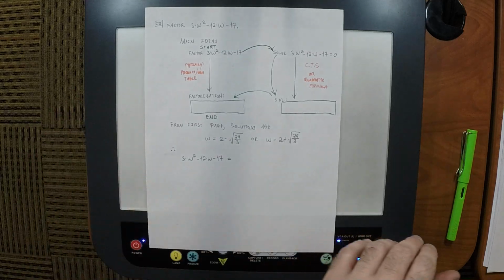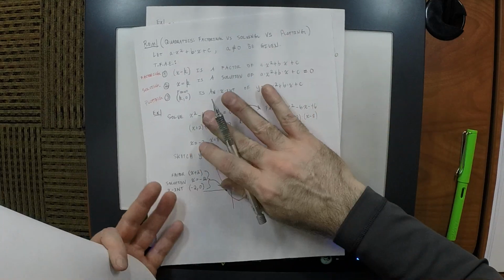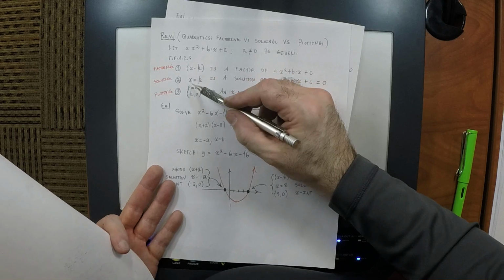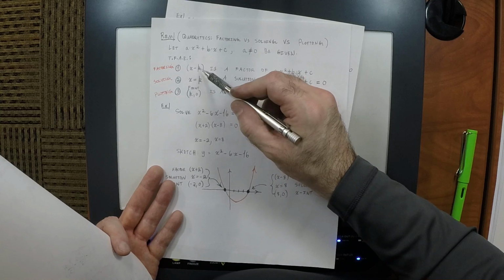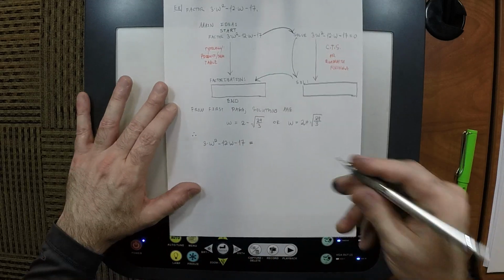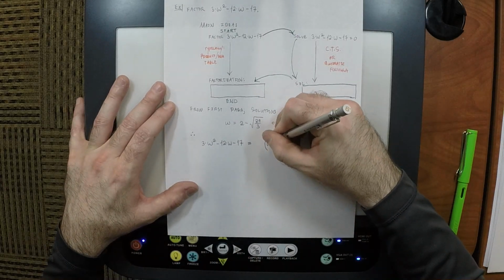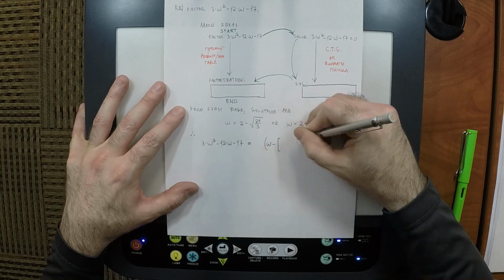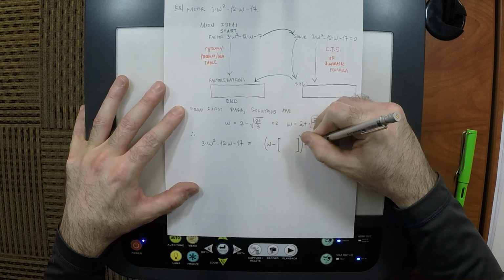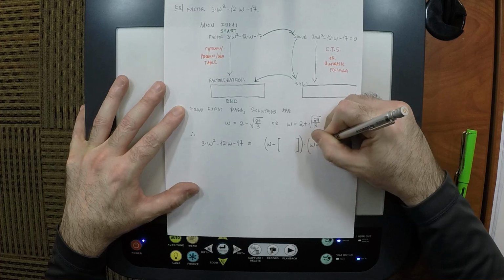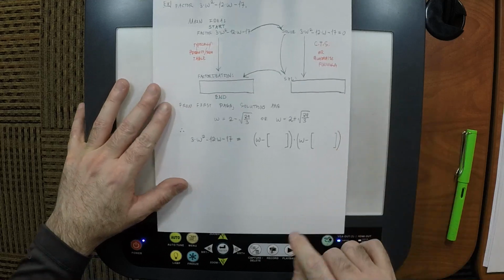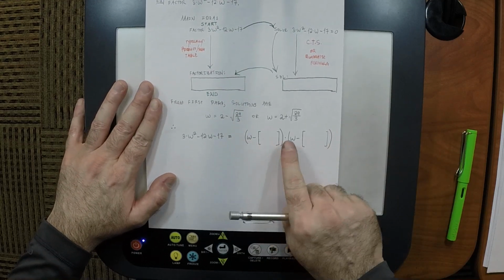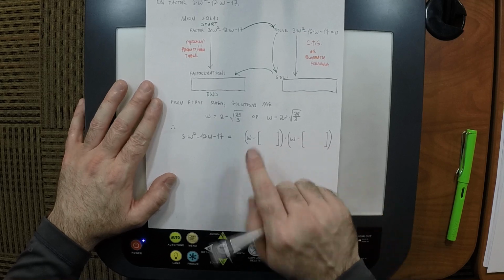Now this remark is saying that a solution x equal k corresponds to a factor x minus k. All right. So this should look like w minus, and I'll make myself a slot to write something in, multiplied by w minus, and another slot to write something in. So it's always w minus slot multiplied by w minus other slot.